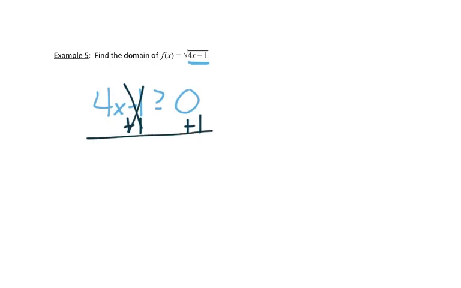So here's another problem. It's got a square root in it. So again, with the square root, we look at what's inside, and we make it be greater than or equal to 0. So I'll add 1 to both sides. And then I could divide both sides by 4.